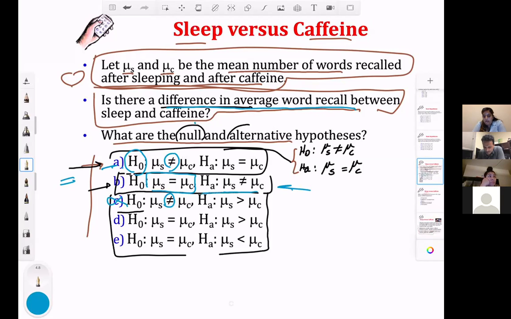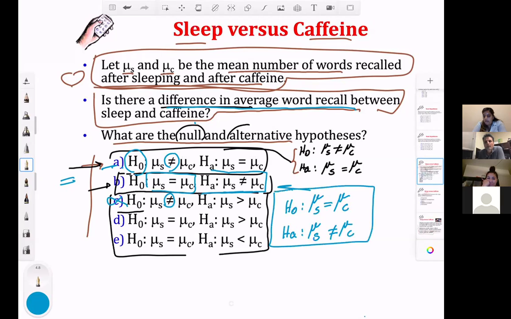Null hypothesis says there is no difference if you take a pill or if you sleep.